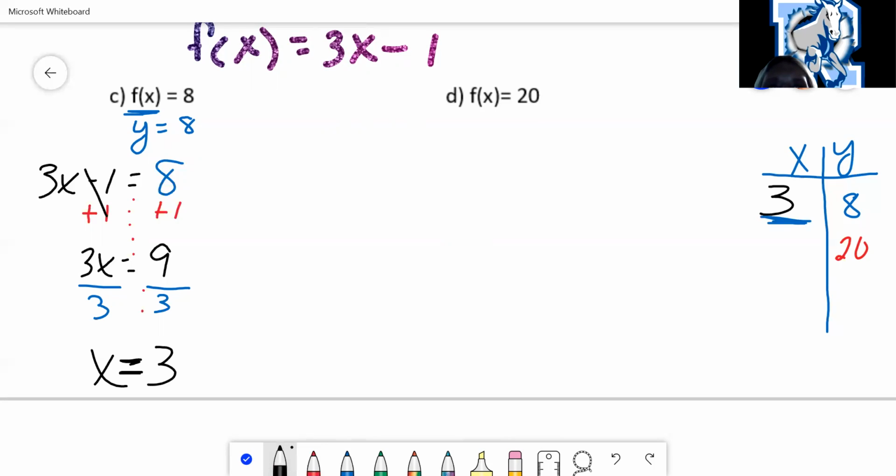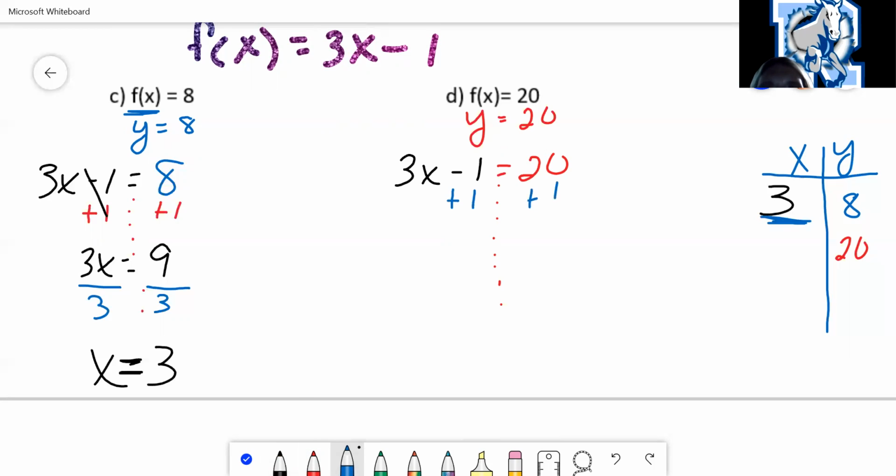Now I'm going to go ahead and do it by hand because this is up here. f of x equals 20 is the same as saying y equals 20. Let me see if I can write a little better. So I have 3x minus 1 equals 20. So now I need to solve for x. And the first thing I need to do is add 1 to each side.